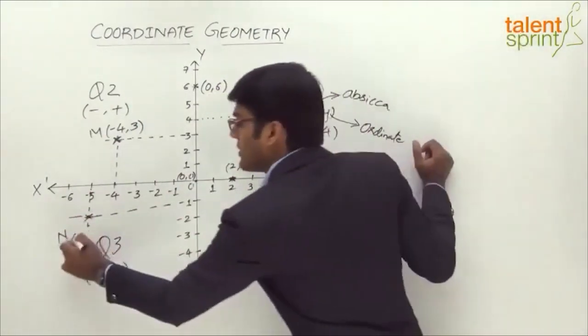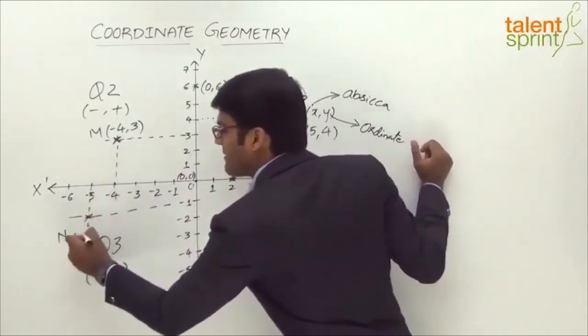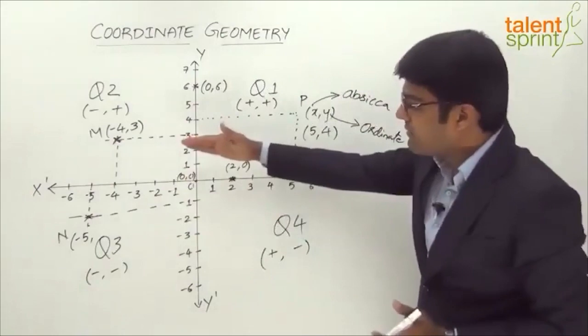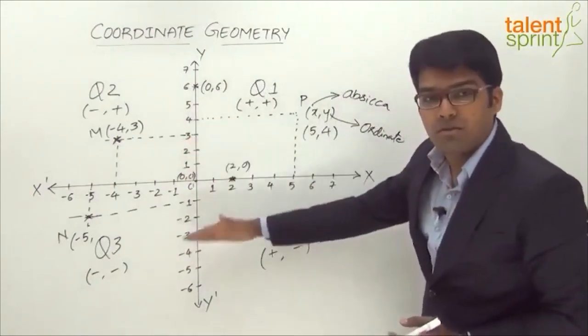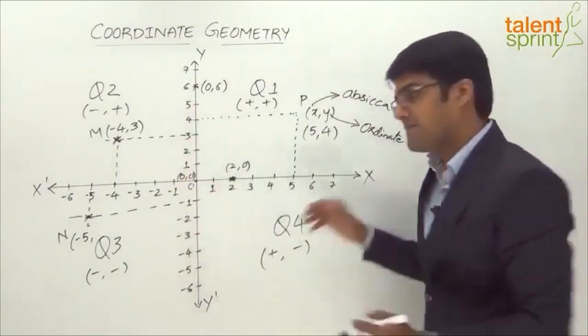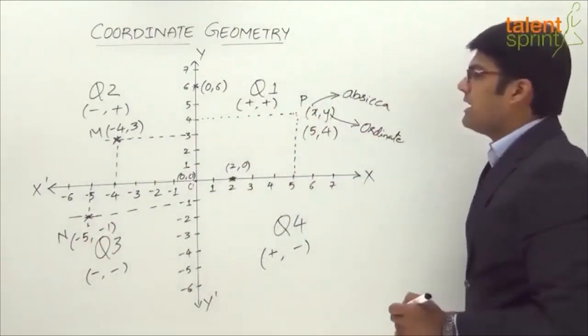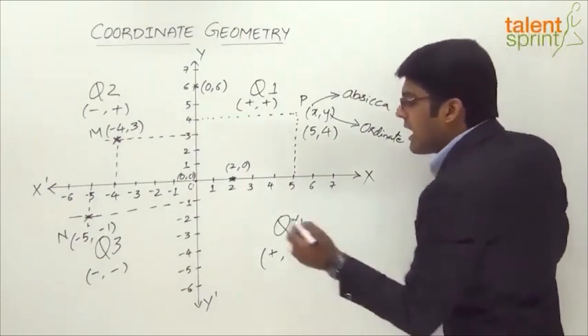We can say the horizontal distance is -5, whereas the vertical distance is -1. Understand, we are coming below the origin on the y-axis, which is described by negative y-axis. So -5, -1.